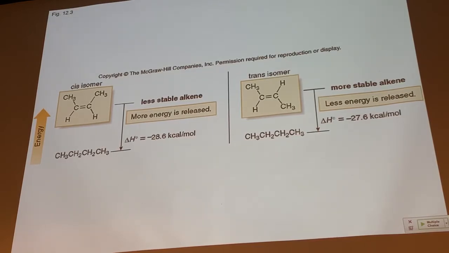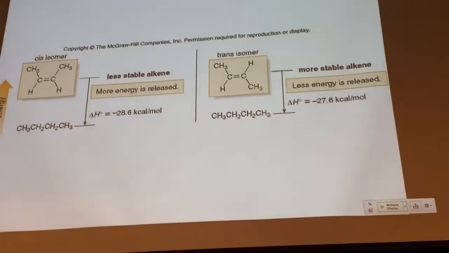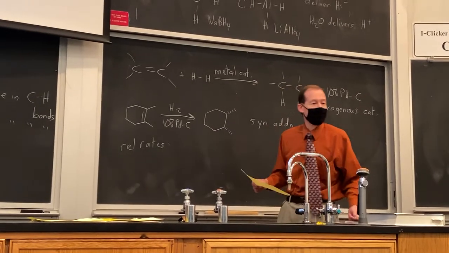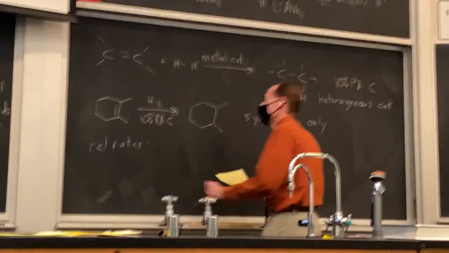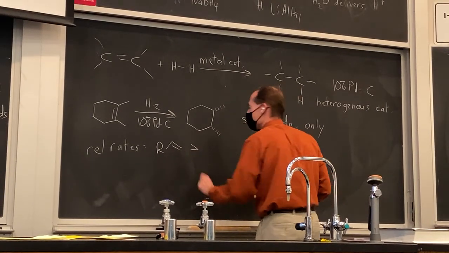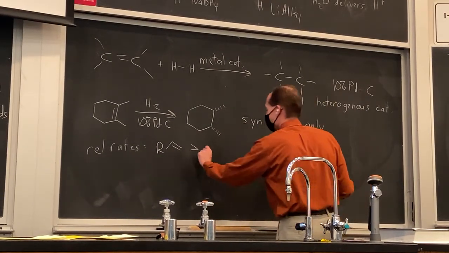All right, and then another piece of data that will help us, that's important for the mechanism, is the relative rates of different types of alkenes in hydrogenation reactions. And what we find is that less substituted alkenes will react faster.